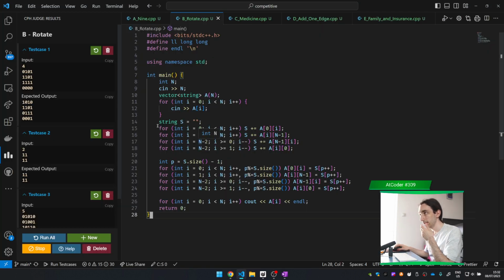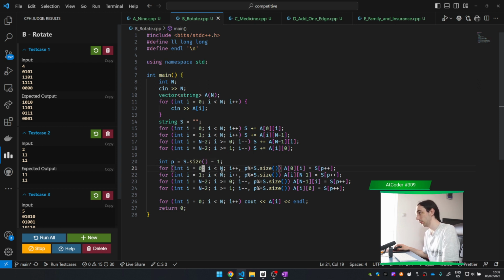What I did is I created a string, and I went clockwise and filled up the string. I then had this pointer which was at the end of the string on the last character. So I start from there and then one character over is shifted. If it's 0, it won't be shifted.